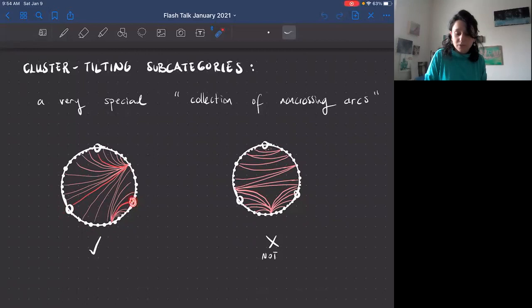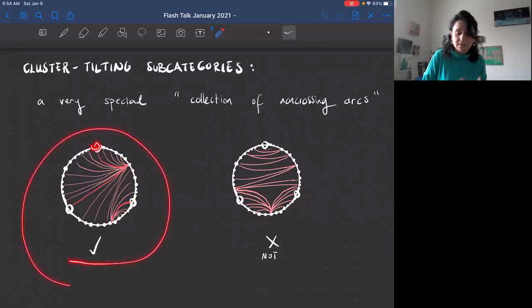So at each accumulation point, I have to have a marked point and the limit arcs accumulating to the endpoints of the limit arcs, or endpoints of the arcs accumulating to the accumulation point.